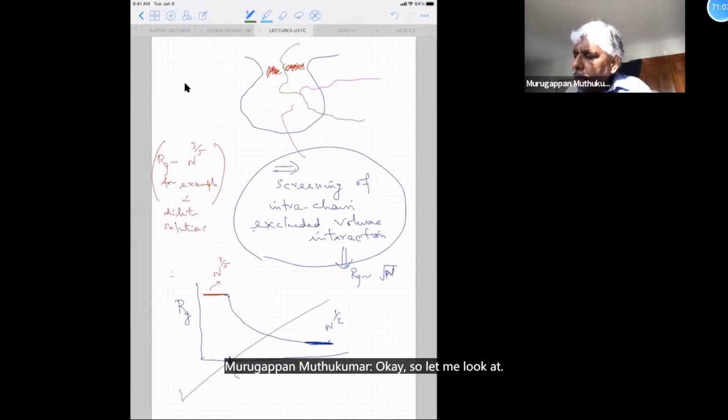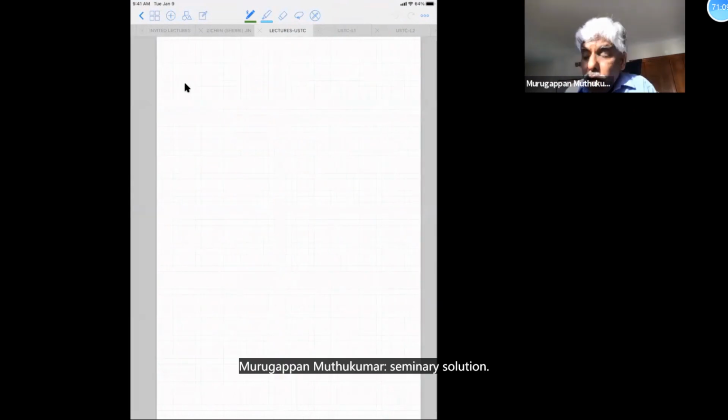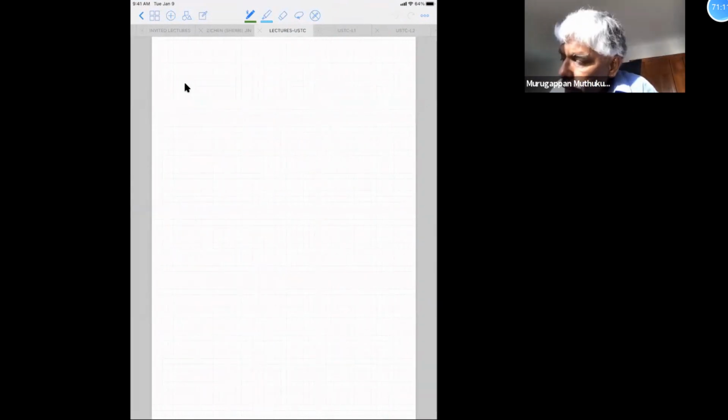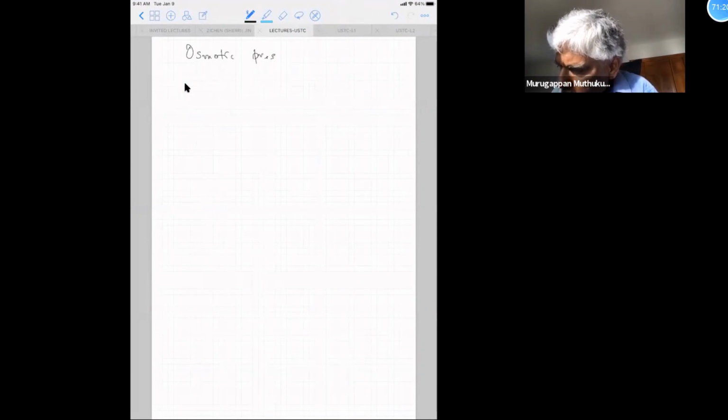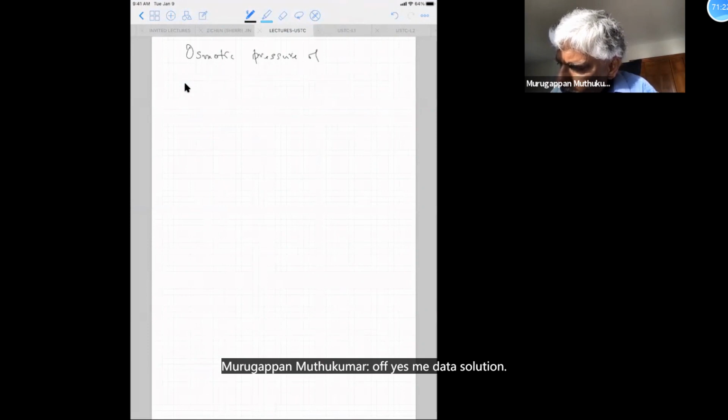Okay. Now I'm going to implement this idea to extract more information. Let me look at semi-dilute solution, and I want to look at osmotic pressure of semi-dilute solution.